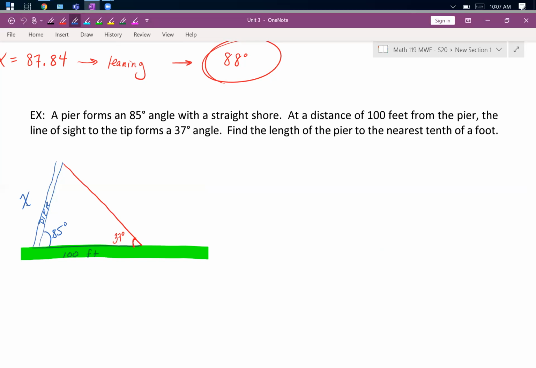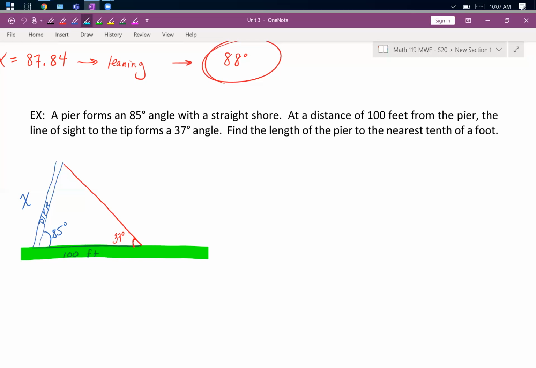All right. Okay, so how would we go about finding the length of the pier to the nearest tenth of a foot? I think we would need to solve for the other angle first so that we have a pair.